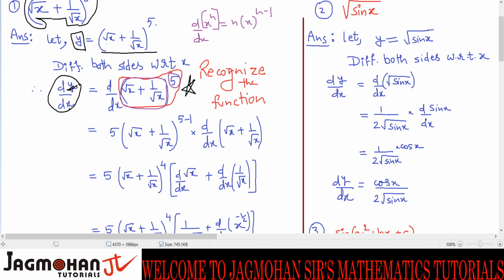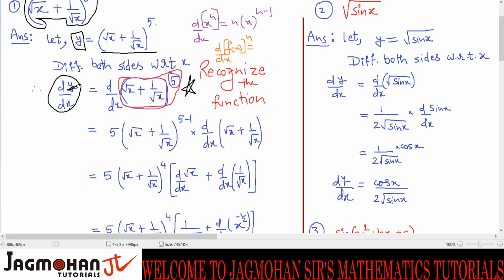So here we are going to apply the result I had given you for composite functions: d by dx of f of x raised to n. What was the derivative of this? You can pause the video and recall it. It was n into f of x raised to n minus 1 into d by dx of f of x.